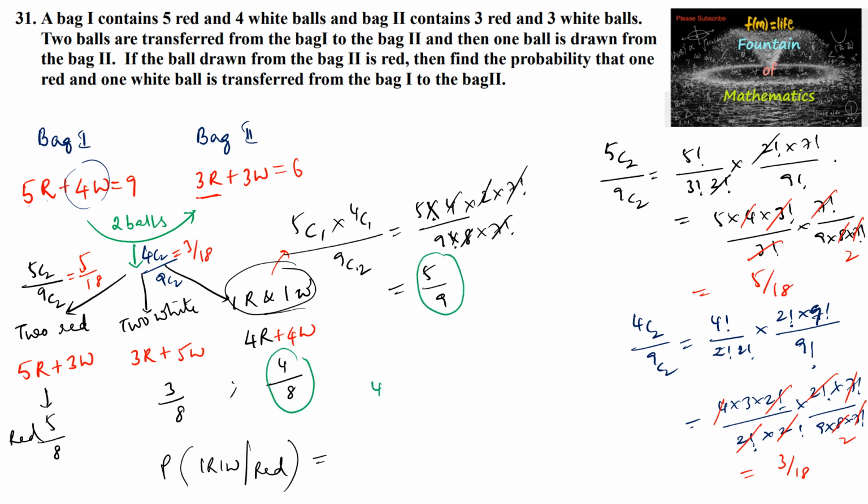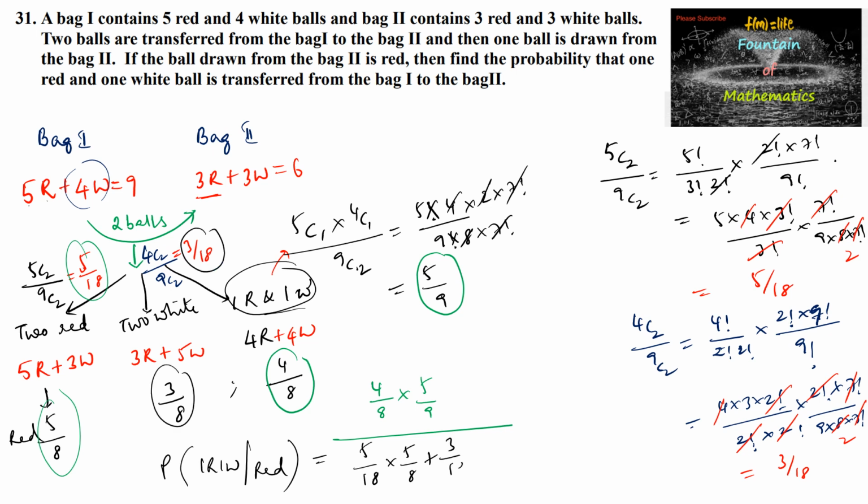So 4 by 8 into 5 by 9, divided by the total probability, which is 5 by 18 into 5 by 8, plus 3 by 18 into 3 by 8, plus again 4 by 8 into 5 by 9, which we can write as 10 by 18.